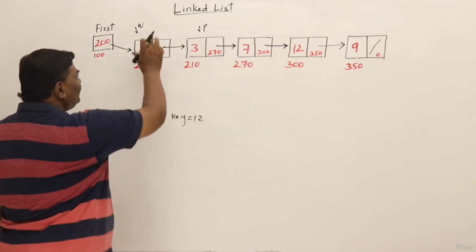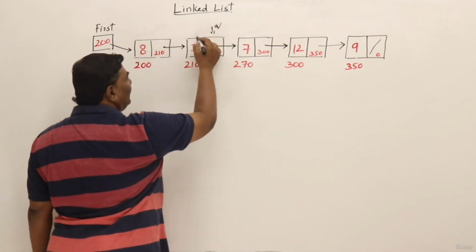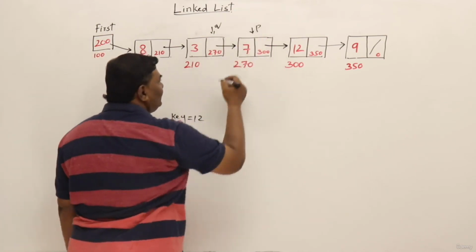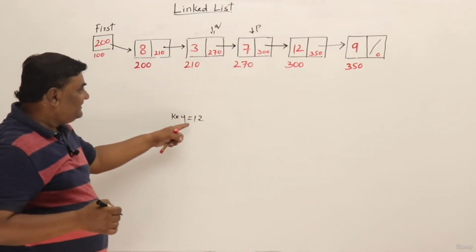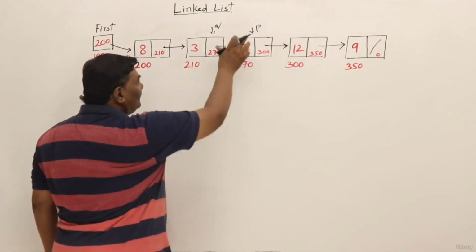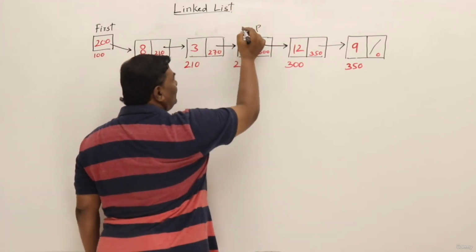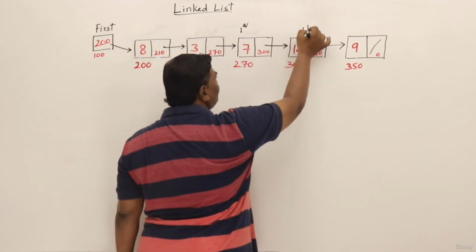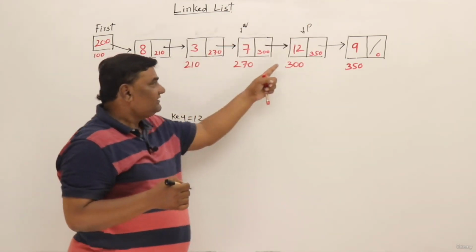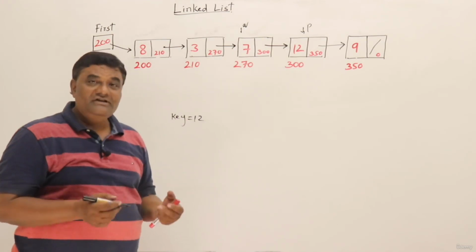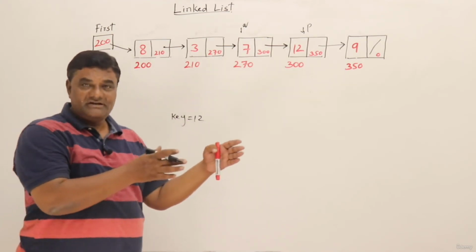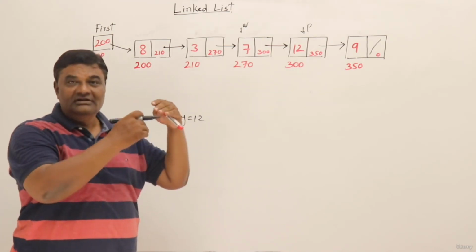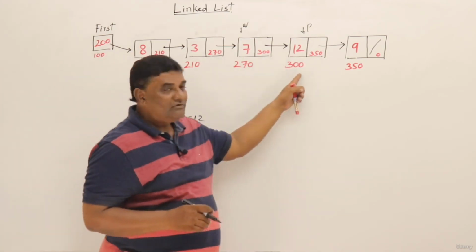No. Then move Q to next node and move P to the next node. Now again check whether it is matching. No. Then bring Q pointer upon node P and move P to next node. Now it is matching, it is found. So that's how we can have a pointer Q following pointer P and it stops before the key node. So this is the key found.